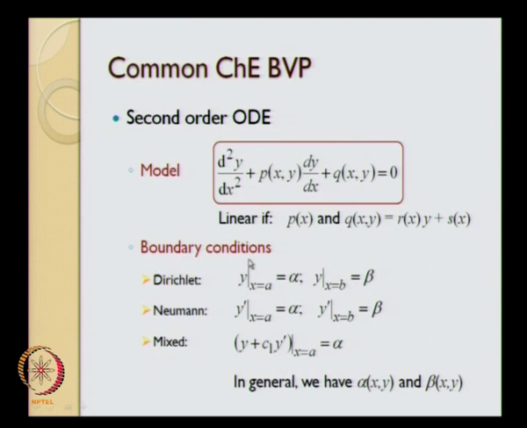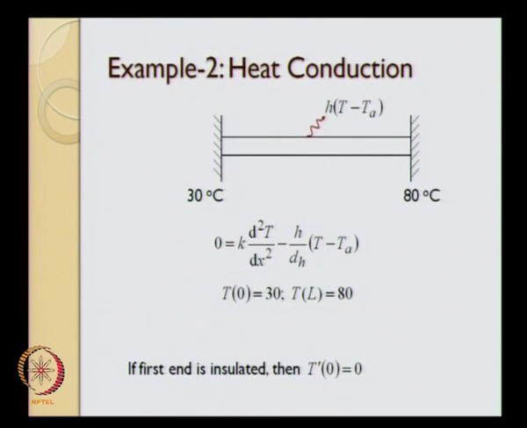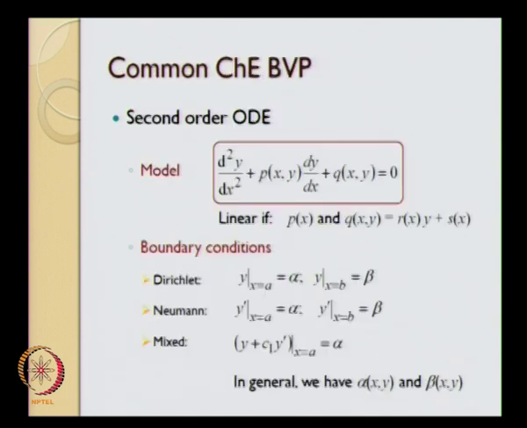Let us talk about the boundary conditions. As we had seen before, if I go to a couple of slides earlier, the two types of boundary conditions that we have seen are that the value at a boundary is specified, or the first derivative at one of the boundaries is specified. These are called the Dirichlet and the Neumann boundary conditions respectively. The Dirichlet boundary condition is where y is specified at some point x equal to a, as y of a equal to alpha.